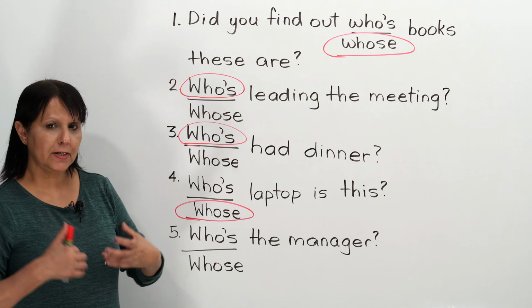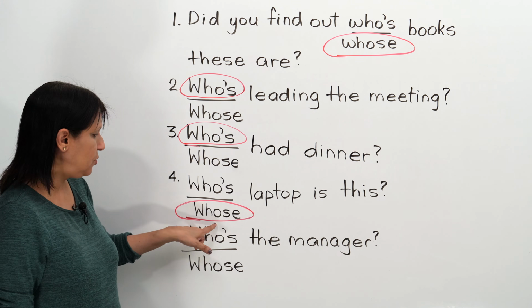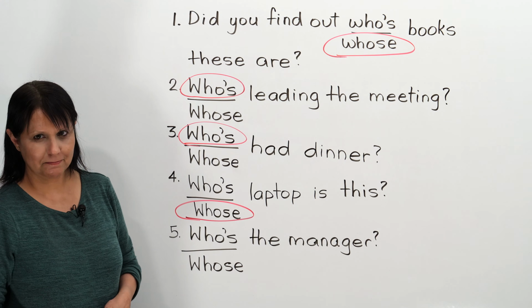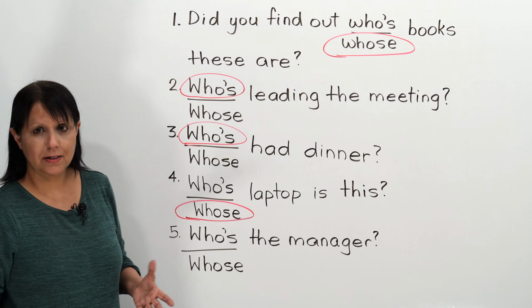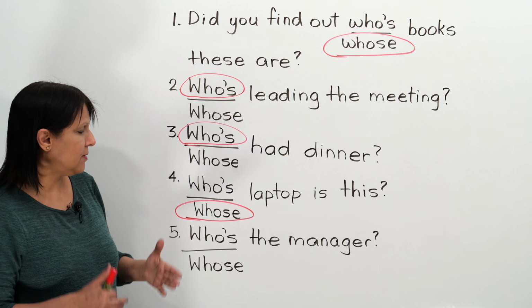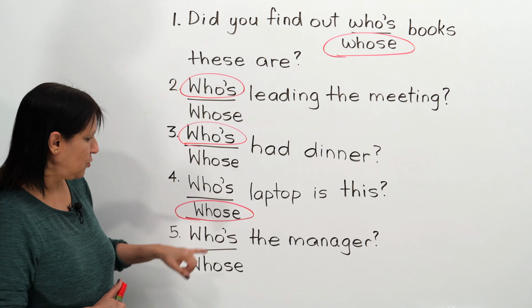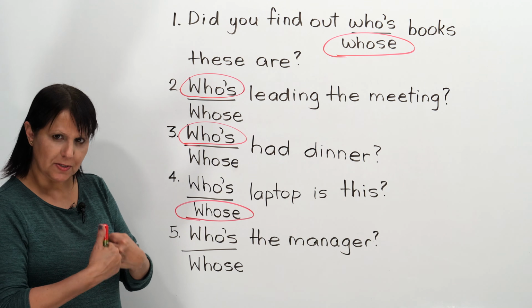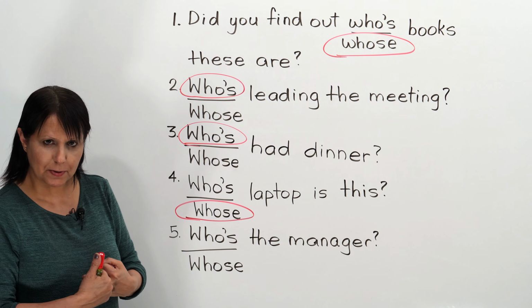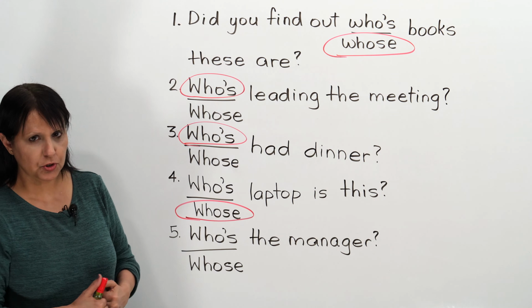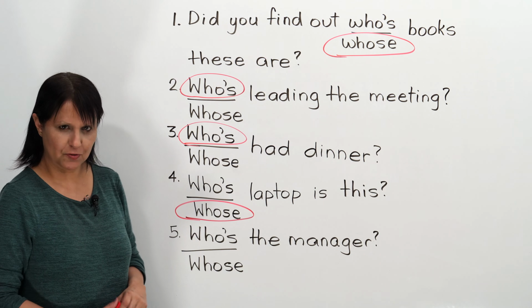And whenever we're talking about possession, we need to use this form. And in case you tried the other way and you tried to break this up and say, who is laptop? No, that doesn't make sense. So this is the one we want. We want to show possession. Who does the laptop belong to, or who does it refer to, right? So we want this form.